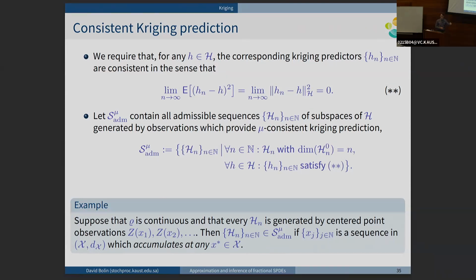So for any point that you might want to predict, as the number of observations goes to infinity, you will have as many observations as you want in a small neighborhood around that point. Okay, so this is the setup, and now we want to say something about it. What can we say about the quality of these misspecified Kriging predictors?